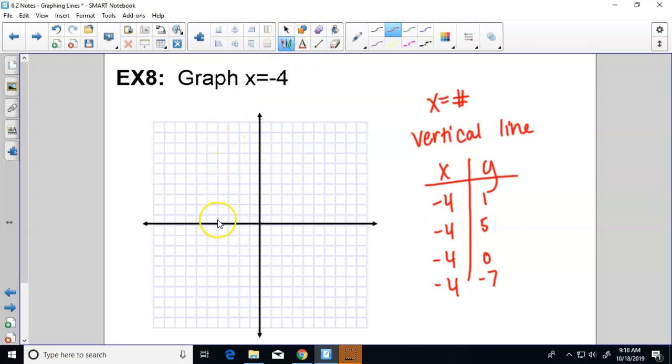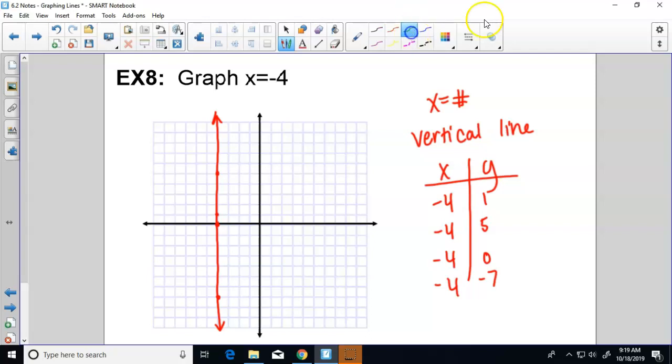Let's move these over 1. So we get this vertical line here. Okay? So x equals a number is a vertical line. Y equals a number is a horizontal line.